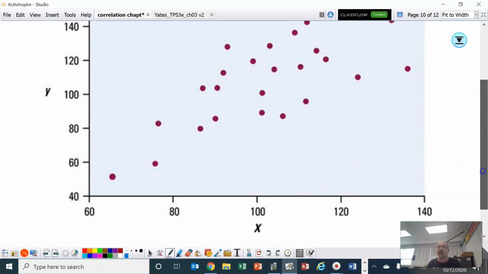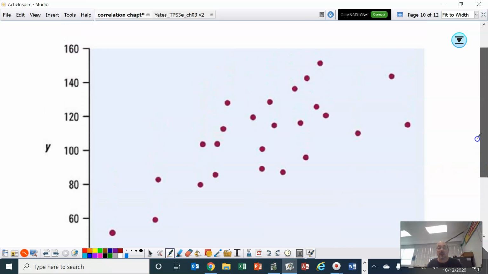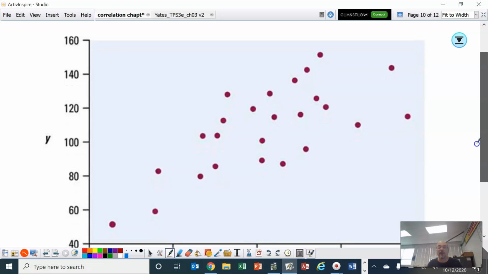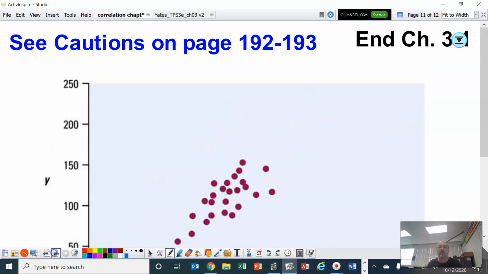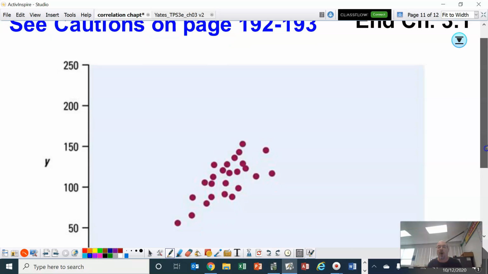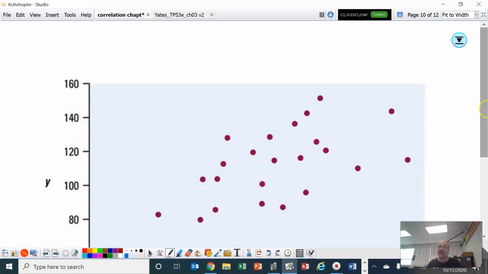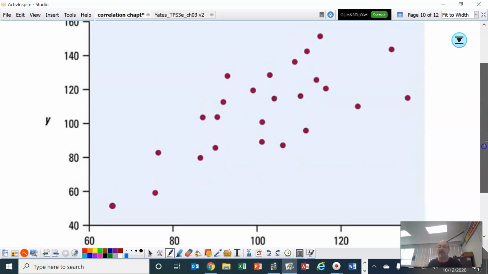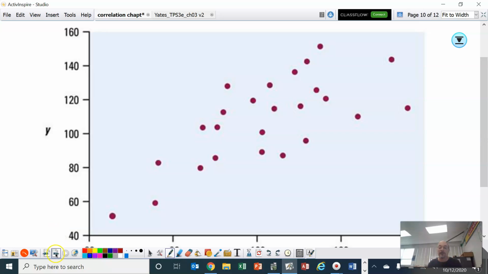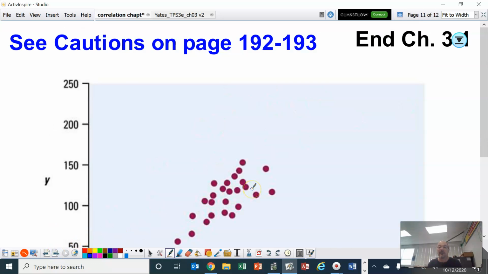Looks can be deceiving. You may look at this one and then that one and think that one's stronger. No, it's not. It's the same, but the scale is different. So be aware that looks could be deceiving.